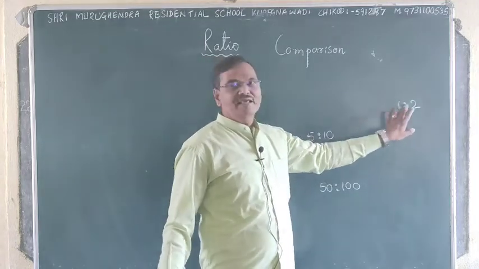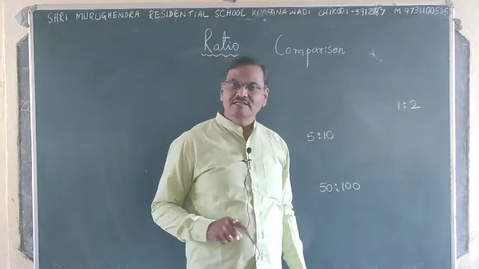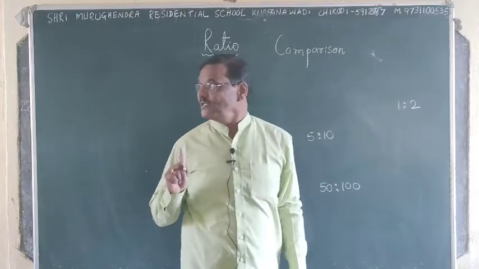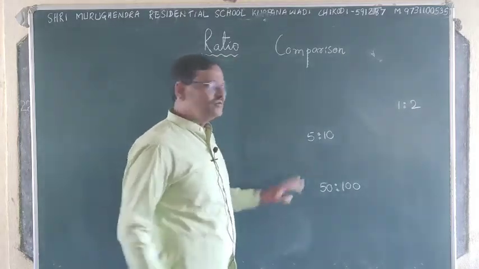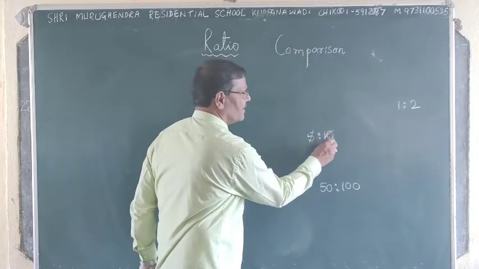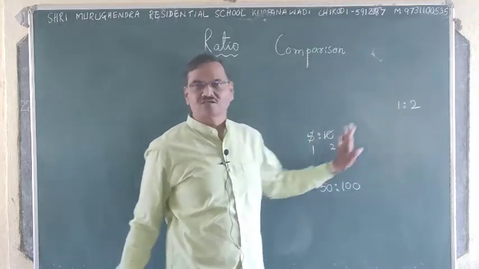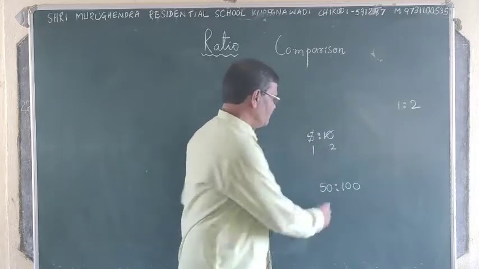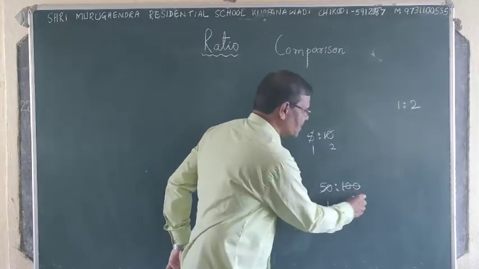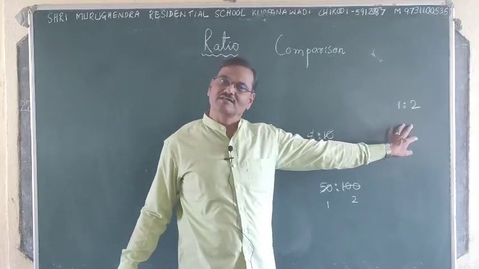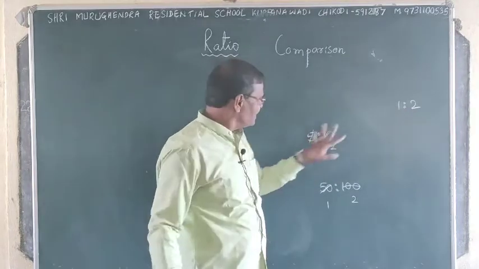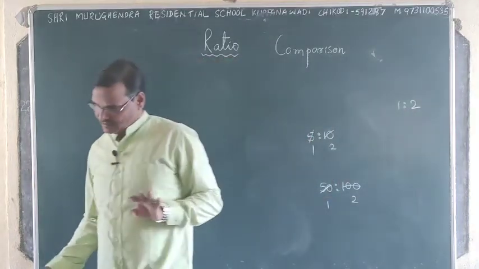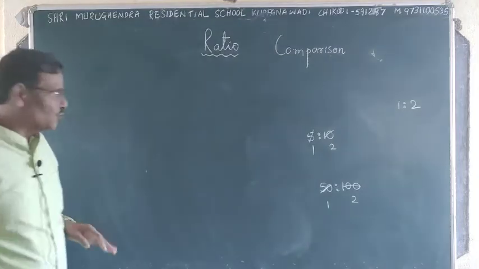This is 1 is to 2. How do you read it? 1 is to 2. If you reduce 5 to 10, 5 ones are 5, 5 twos are 10, this is also 1 is to 2. 50 to 100 is also 1 is to 2. All these are equal to 1 is to 2 only.